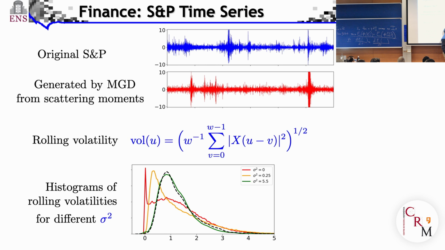If you make a model with these stochastic differential equations which reproduce the moments but don't maximize the entropy, then you get a distribution of rolling volatility which is very different from the distribution of the true market. If you increase the volatility of the stochastic differential equation to reach the maximum entropy, then you have a model which is almost the same as the distribution of rolling volatility of the true data.